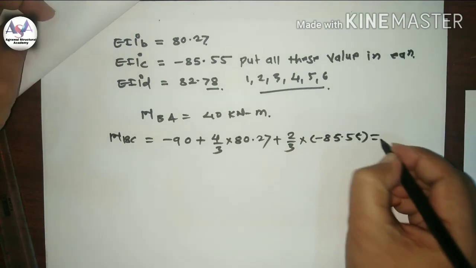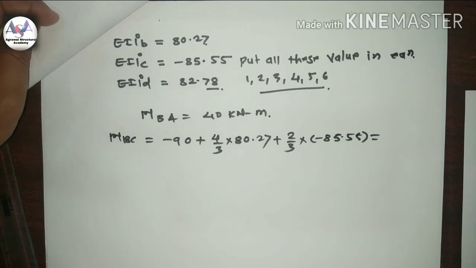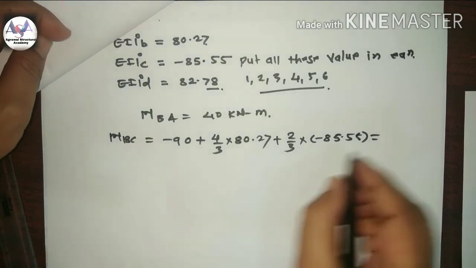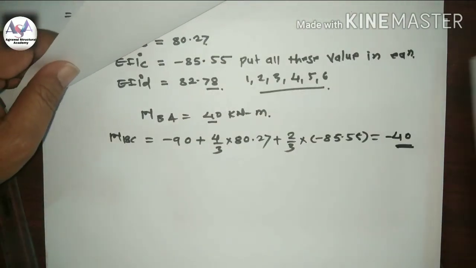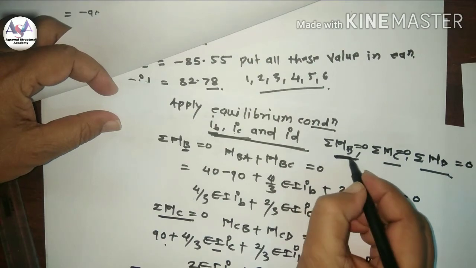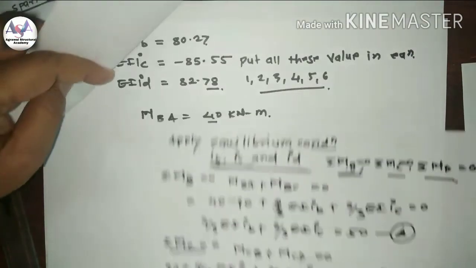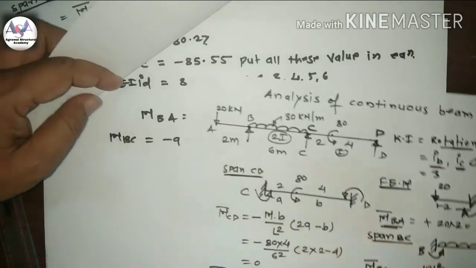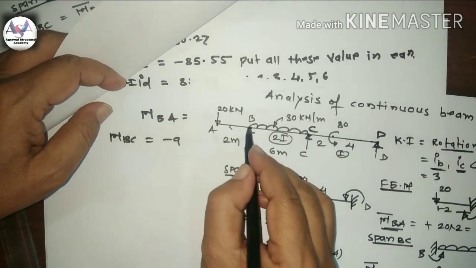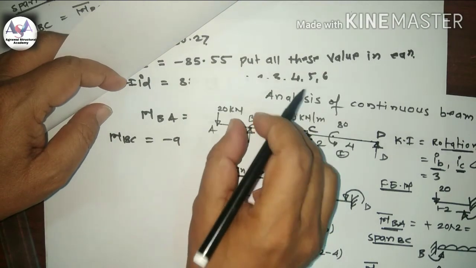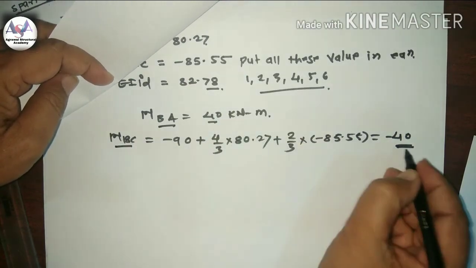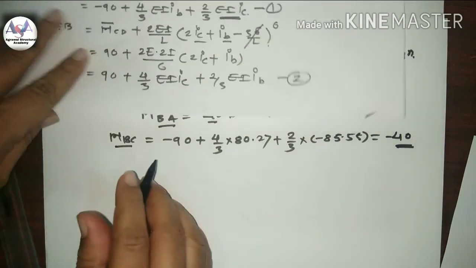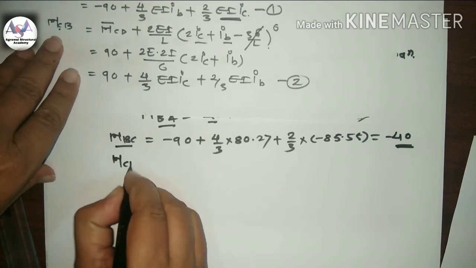So this answer for BC is minus 40, because here you have taken the condition sigma M_B equal to 0. Understand the concept here: B to A and B to C, this combined moment should be 0. That is why B to A and B to C, plus 40 minus 40, equals 0.